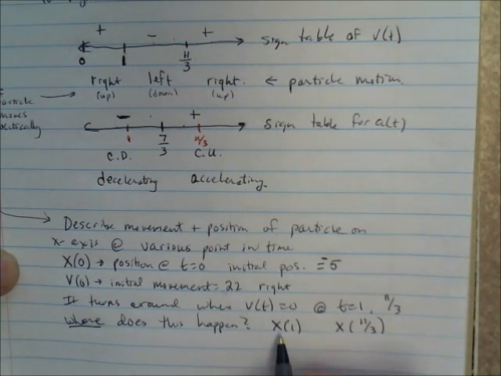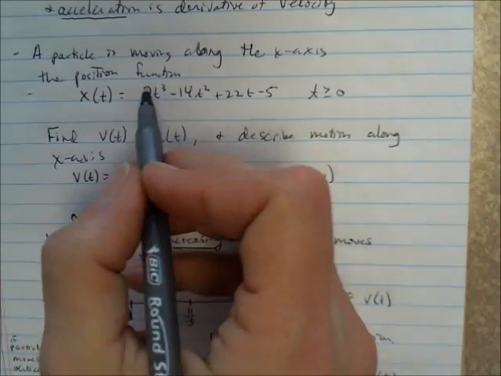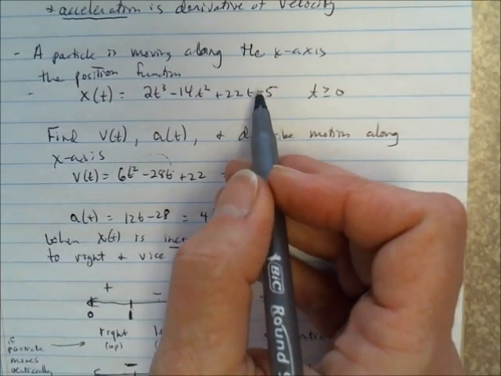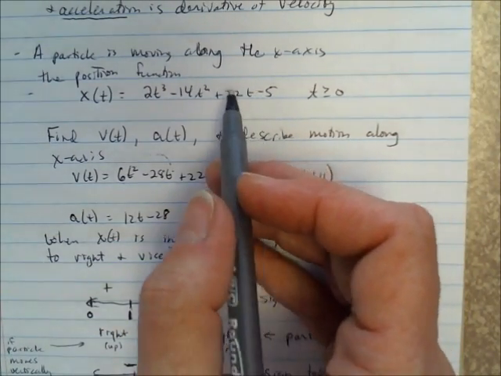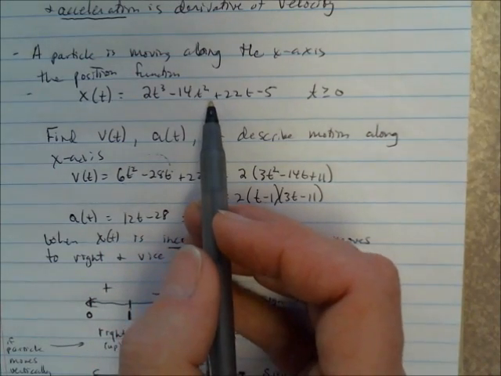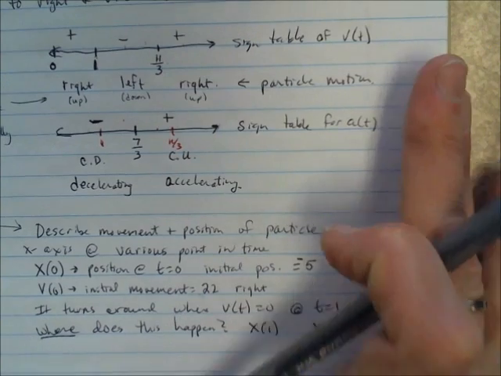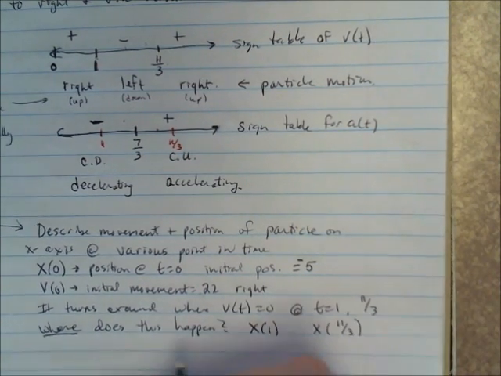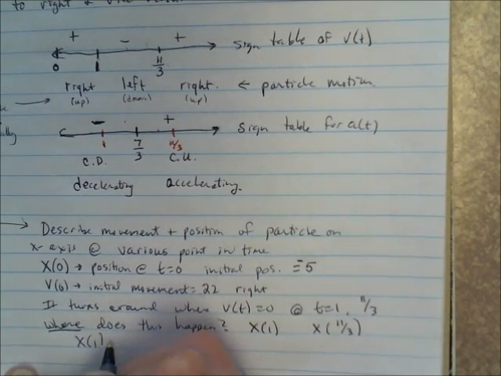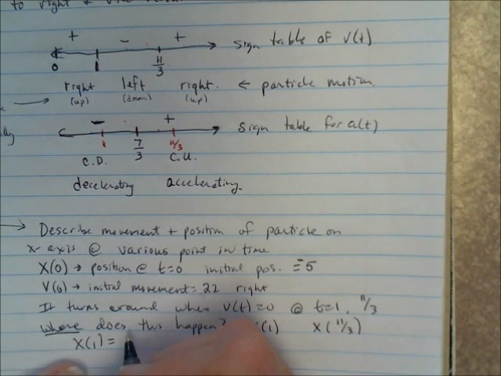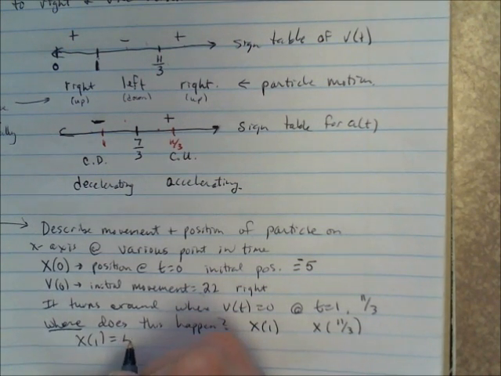Well, x of 1 is pretty easy when you put x equals 1 into this cubic. You can just get 2 minus 14 plus 22 minus 5, and you could calculate that to be x of 1 is equal to positive 5, I believe.